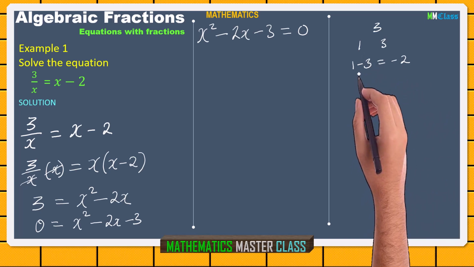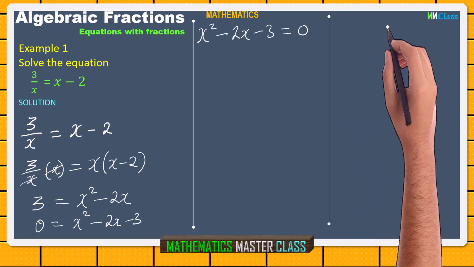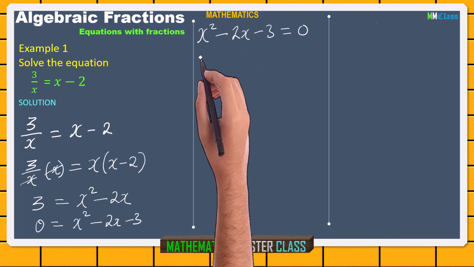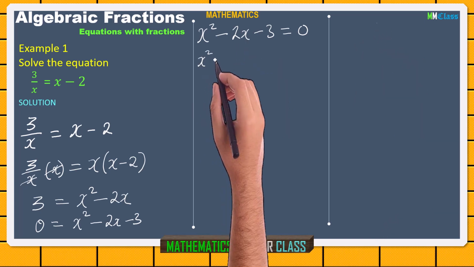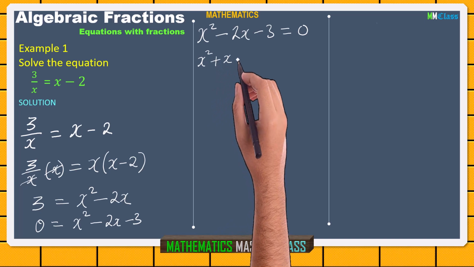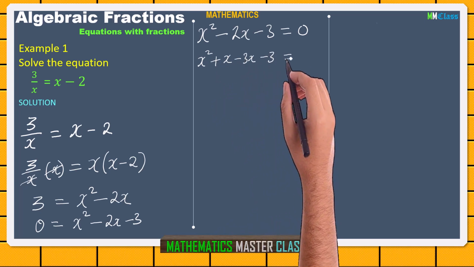So we'll now go back to our equation and feed these two factors into the equation. We are going to use it to expand this minus 2x so that we now have x squared plus 1x, then minus 3x minus 3 is equal to 0.